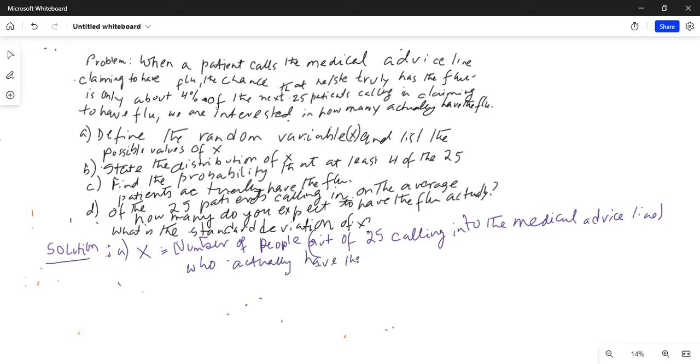So we are doing part A. 25 people are calling, not all of them have the flu. So X is the number of people out of 25 who actually have the flu.